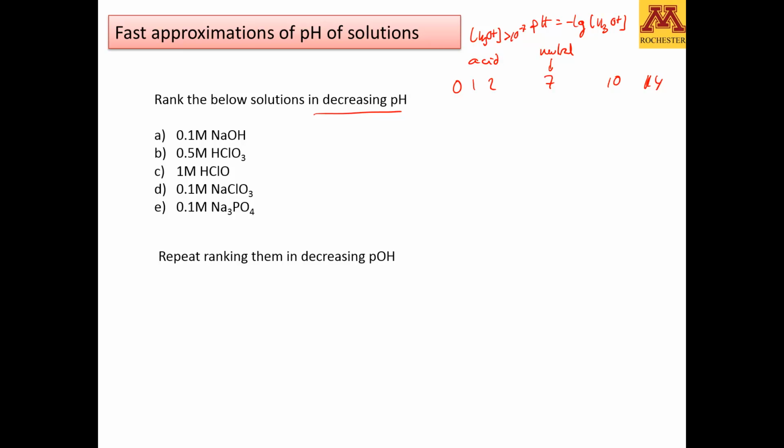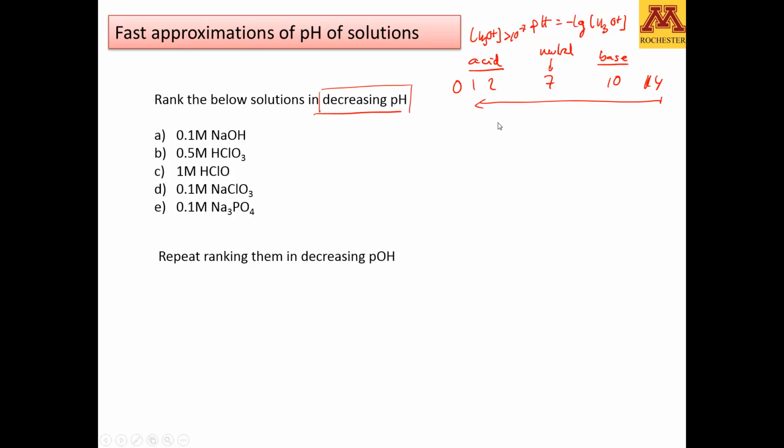You have acid, okay? And if your pH is higher than 7, it means you have a basic solution. So keep that in mind, because when we have to rank the following solutions in decreasing pH, we'll have to go from the most basic all the way to the most acidic.